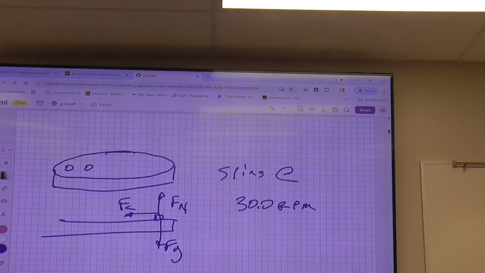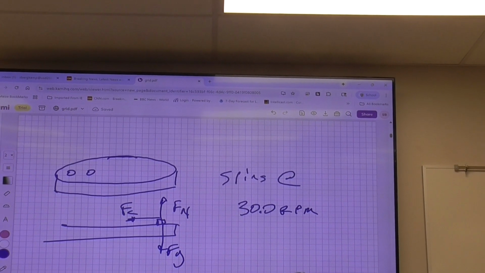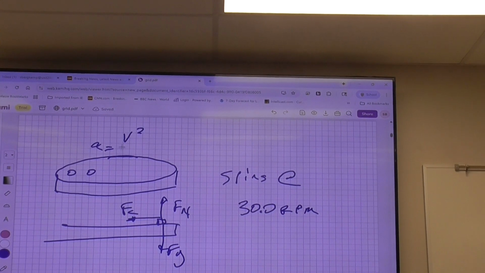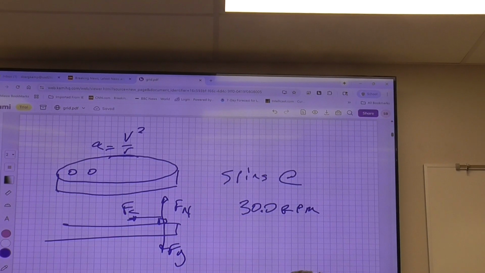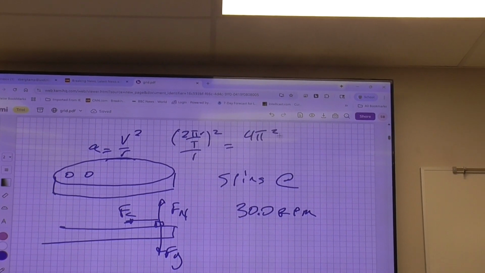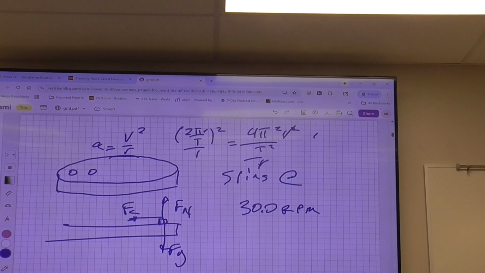Part of the challenge you're going to face on Thursday for this test is the equations that are not on your sheet. You have centripetal acceleration equals v squared over r, but you need to be able to substitute in that v squared as (2 pi r over T) squared, over r, which becomes 4 pi squared r squared over T squared over r, which simplifies to 4 pi squared r over T squared.